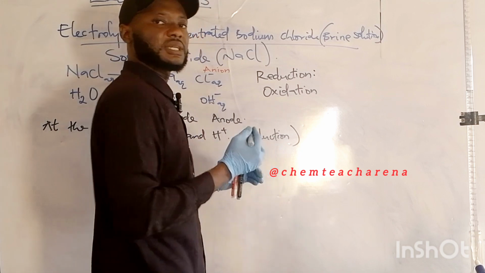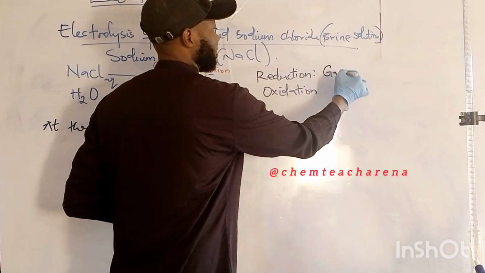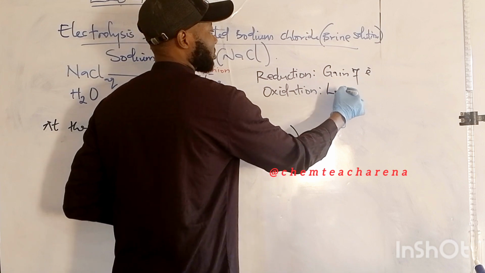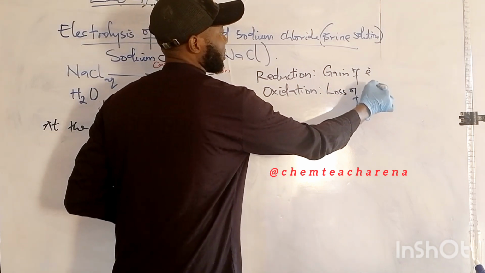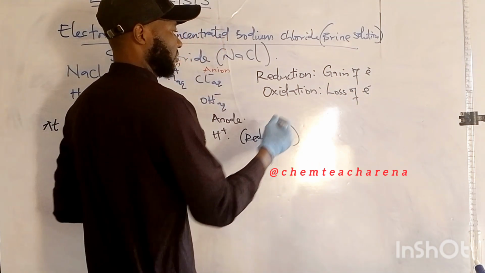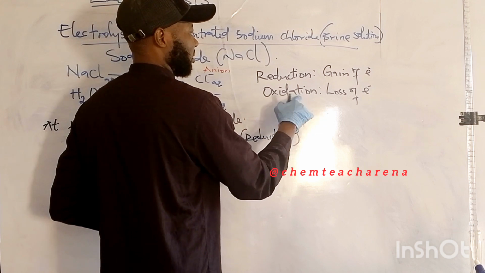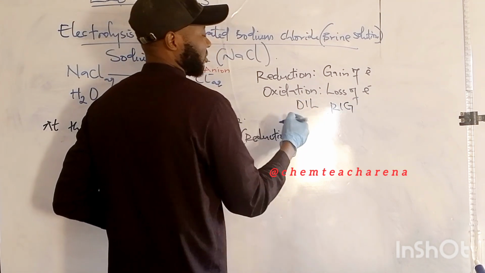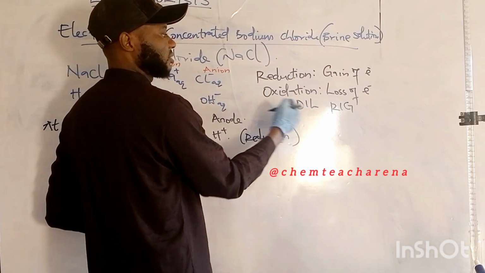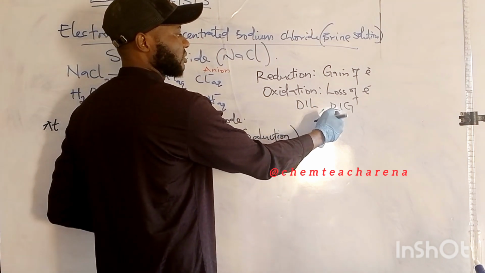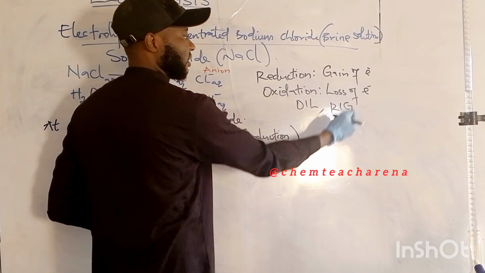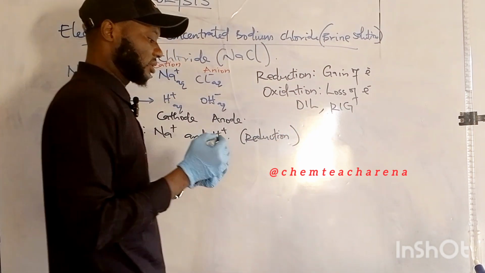Reduction is the gain of electron. While oxidation is the loss of electron. Yes, you can use OIL RIG. Oxidation is loss of electron, while reduction is gain of electron.